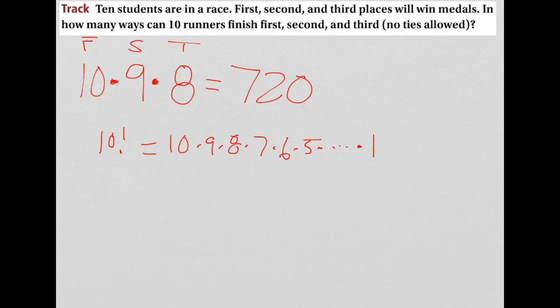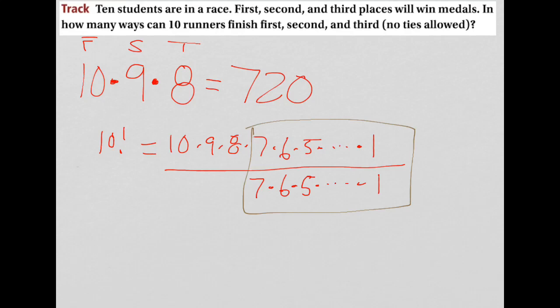But that's not what we want, because we're only interested in that first bit, 10 times 9 times 8. So we can make that other bit disappear if we divide by 7 times 6 times 5, and so on, times 1. Because then we'll have the same thing in the numerator and the denominator, so they'll just cancel each other out. They'll go to 1. And we're left with what we want, 10 times 9 times 8.